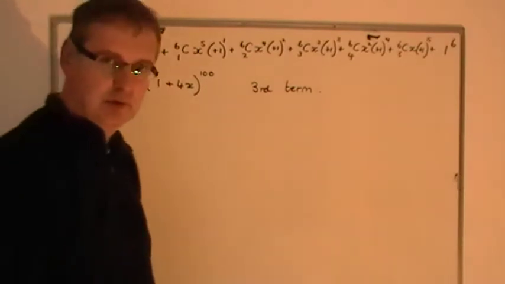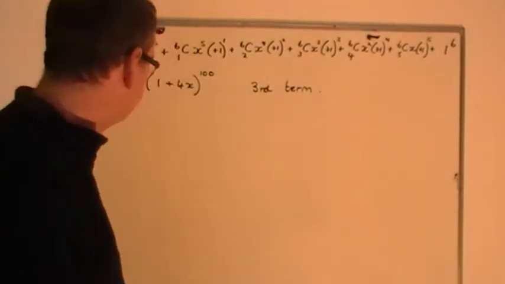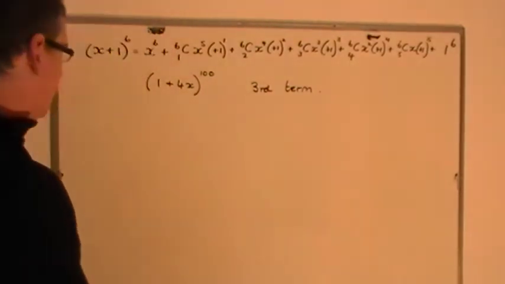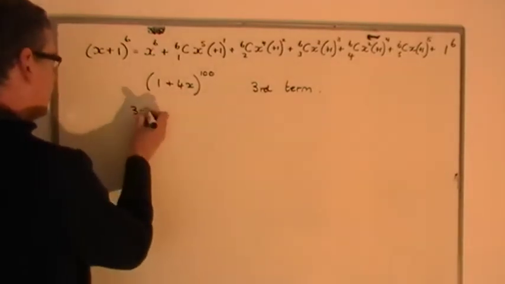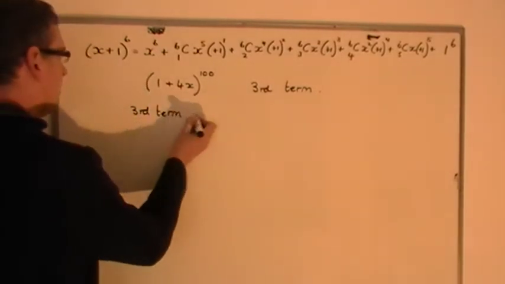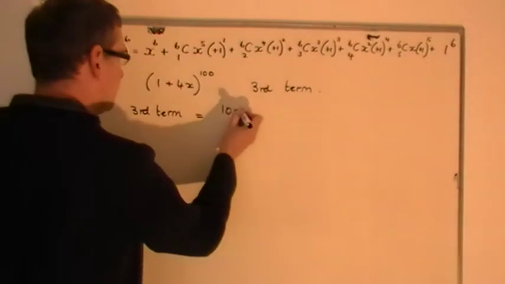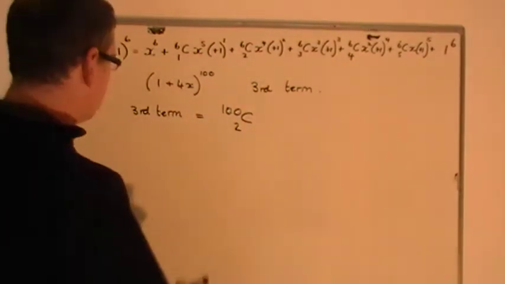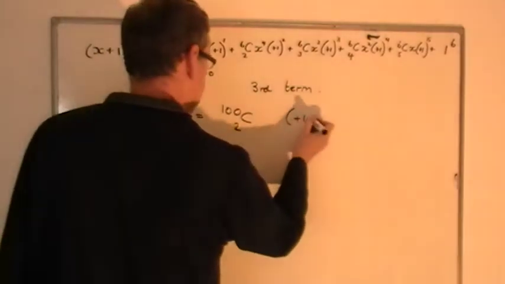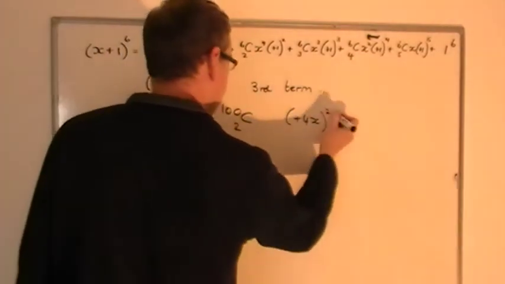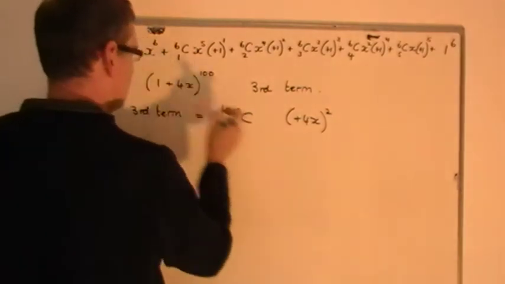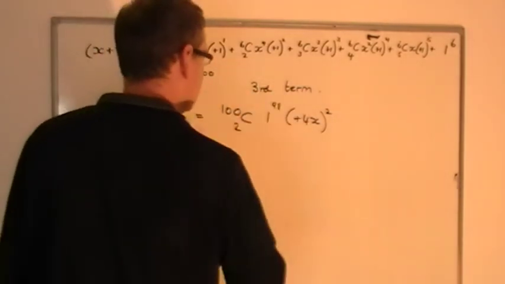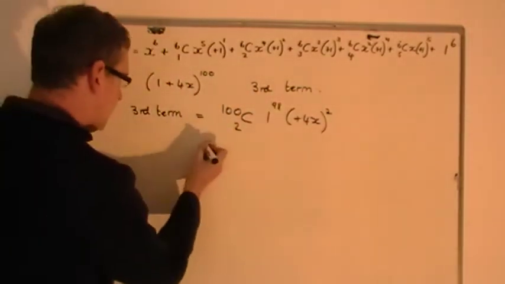Afterwards we'll find the coefficient of the third term. I'm going to go straight to the third term. Third term will be equal to 100 choose 2. Then we have the plus 4x to the power 2, and the first term 1 must be the power 98 then. So let's work this through.